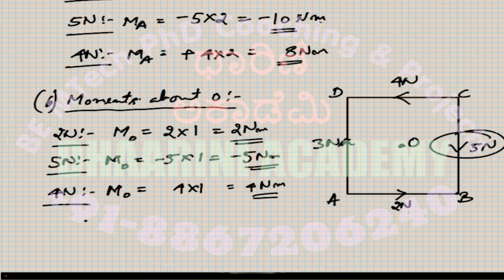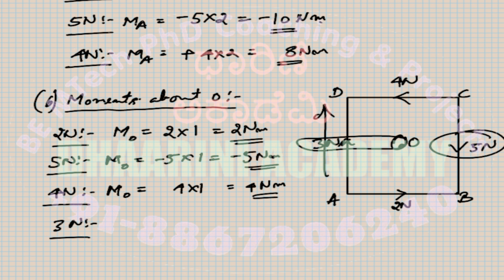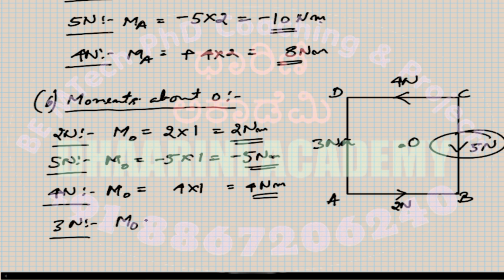Then the 3 Newton force. For the 3 Newton force, I have to hold the pen like this, apply the force in this direction, keeping O fixed. When O is fixed, the pen is going to make a clockwise rotation. Because of that, the moment about O is negative, minus 3 into 1, so minus 3 Newton meter is the answer.